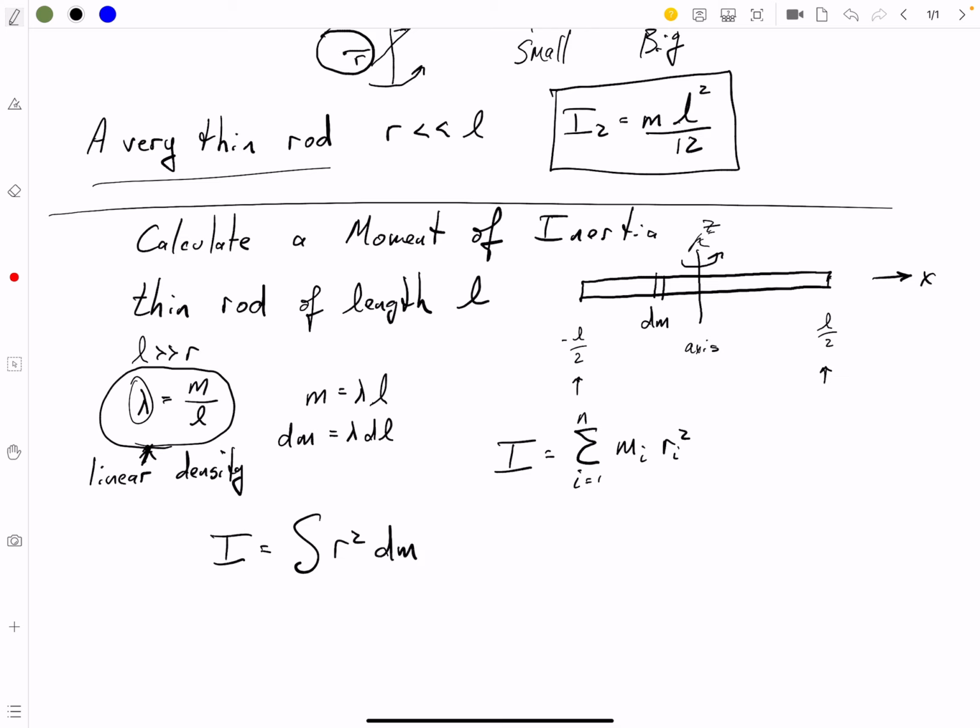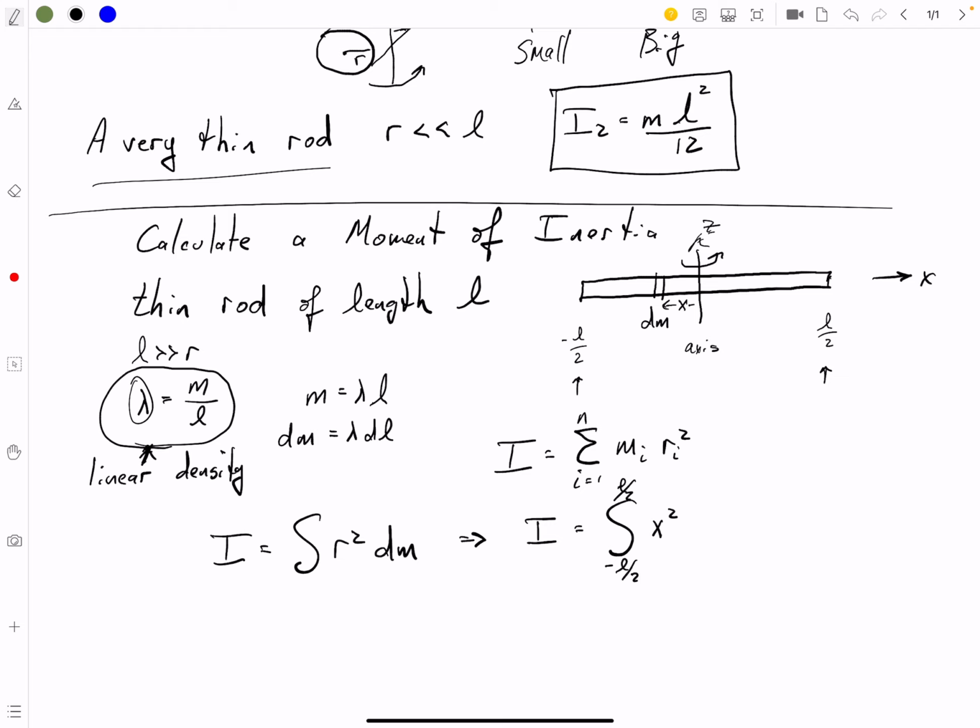But in our situation, we're going to turn that into I equals the integral from negative L over 2 to L over 2, and we've got x squared. Why x squared? Because that's our radius, so the distance from our center to here is x.